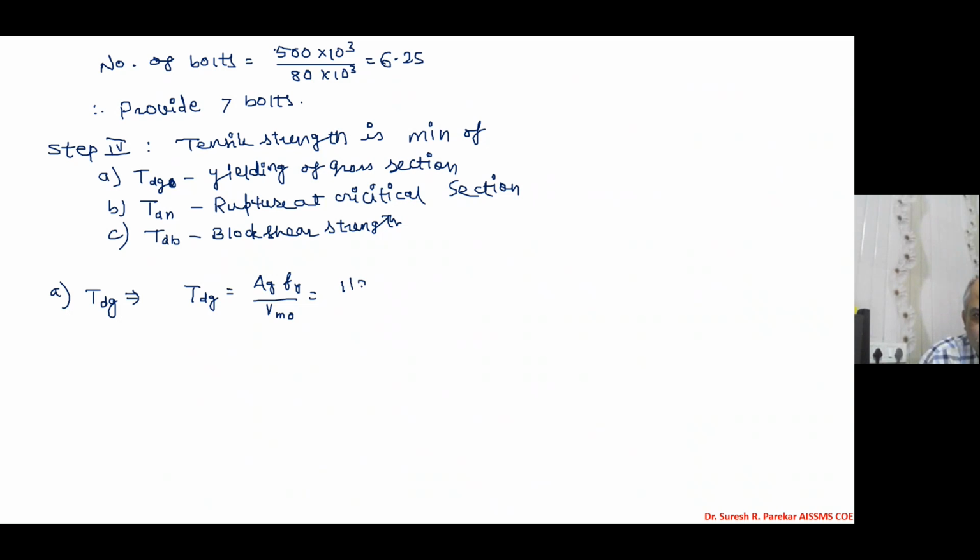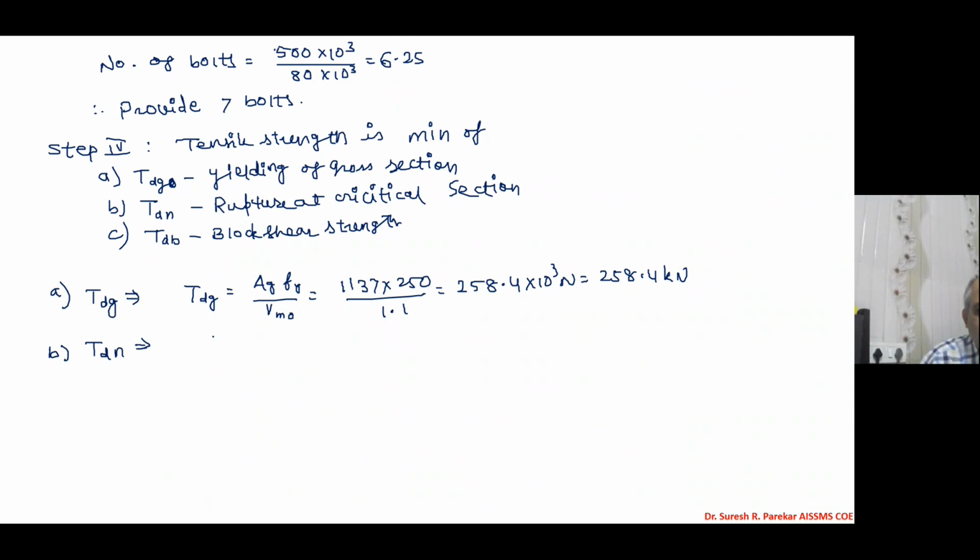So we have 1137 into 250 upon 1.1. If we calculate this value, it is 258.4 into 10 raised to 3 Newton, 258.4 kilonewtons.